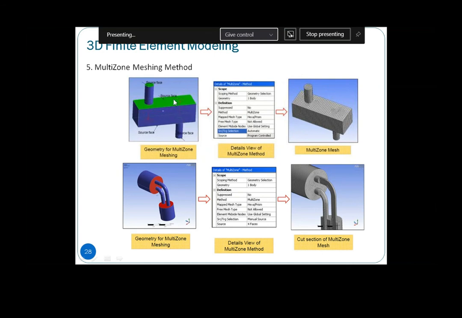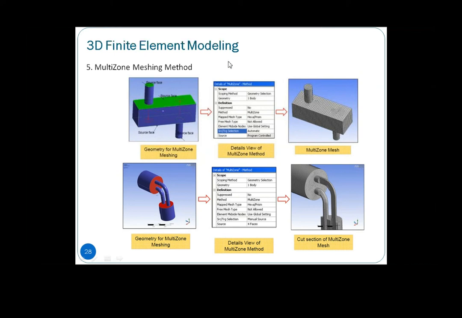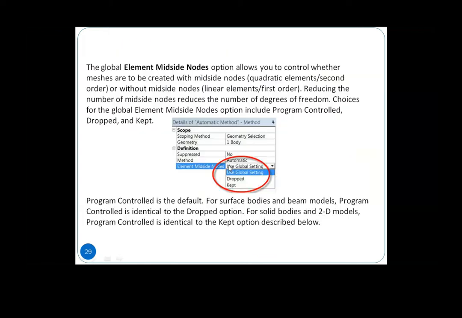Same with the cylinders: cylinder 1, 2, hidden here, 3 and 4 all have to be sliced off, and only then can you apply the sweep method. Compared to multi-zone, you don't need to do all this slicing or separating of bodies. So that is one of the differences between multi-zone and sweep. In the case of the sweep method, if your body is not sweepable, then your meshing cannot be completed.